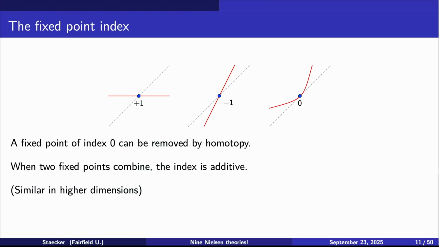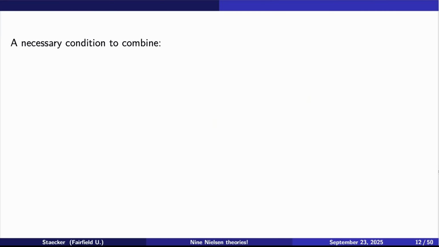All right. So the big question that we have then is, in what cases can two of the fixed points combine? Remember, we are trying to reduce the size of the fixed point set. If you had two fixed points, can you turn them into one? What is necessary in order for that to happen? All right. There is a necessary condition that we can see pretty easily on the graph.